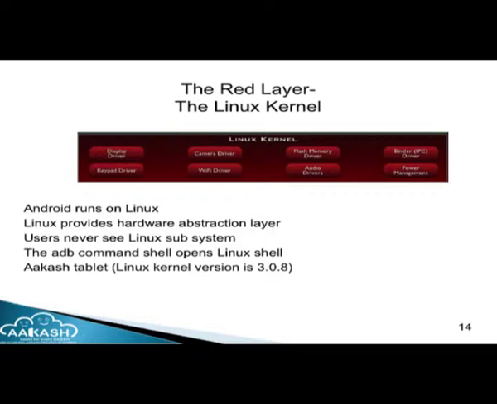So let's look at the red layer, the Linux kernel. As I have already told you, and most of us already know, it runs on Linux. Basically it gives its hardware abstraction layer. So why Linux? Several reasons. Again, Linux is open source, a lot of things have already been explored about Linux, so it gives an advantage.